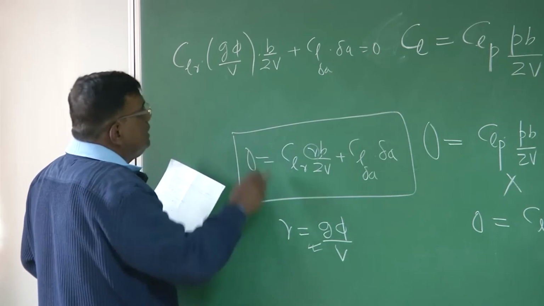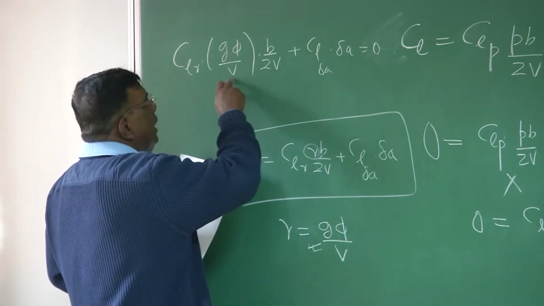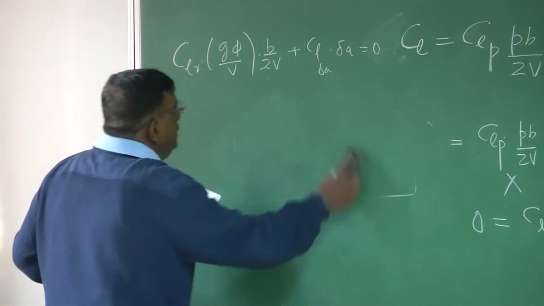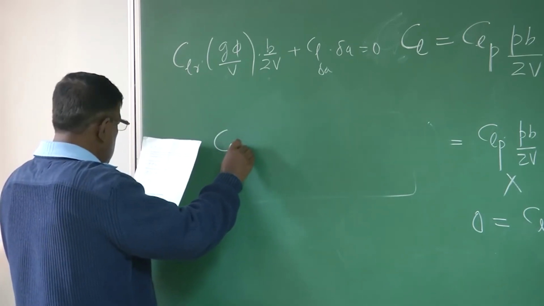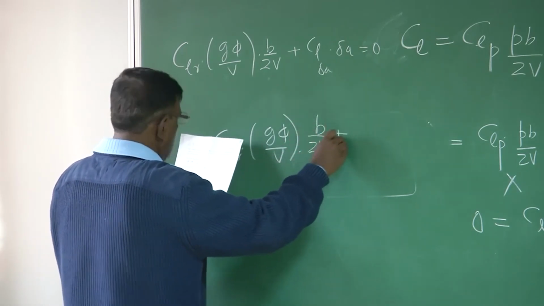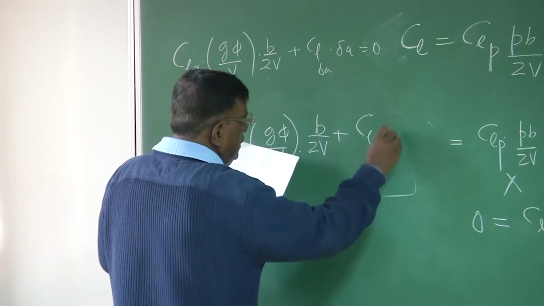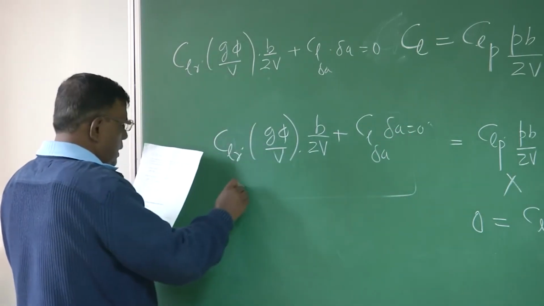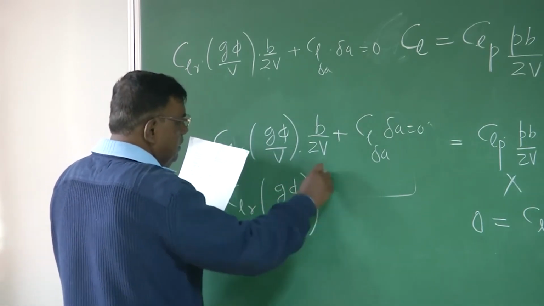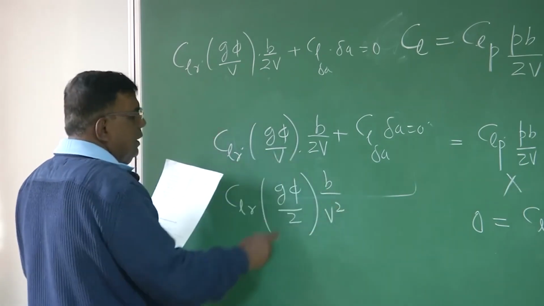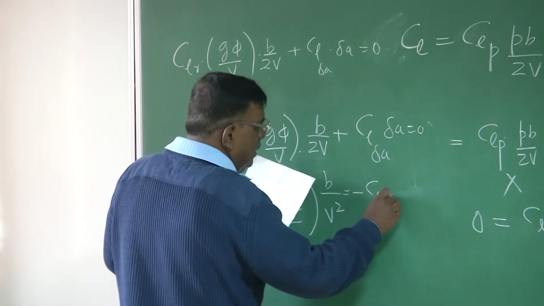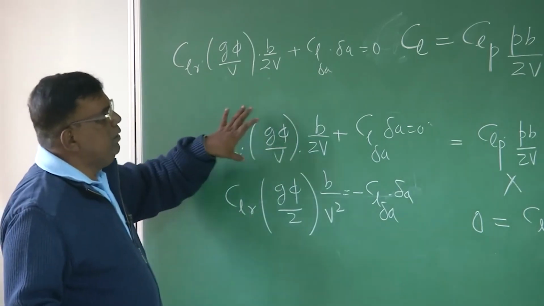Now with some manipulation, I can write CLR into G phi by 2 into B by V square, is equal to minus CL delta A into delta A. No issues? This is the expression.